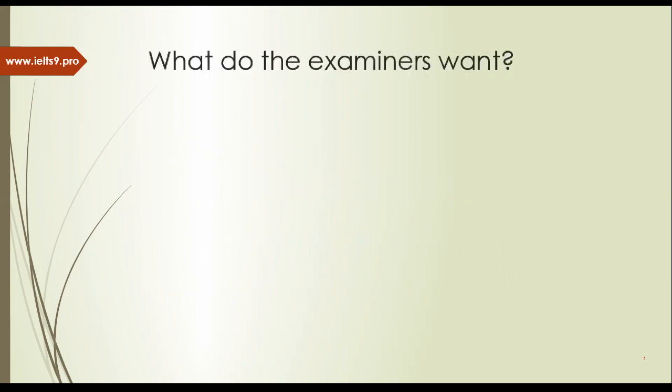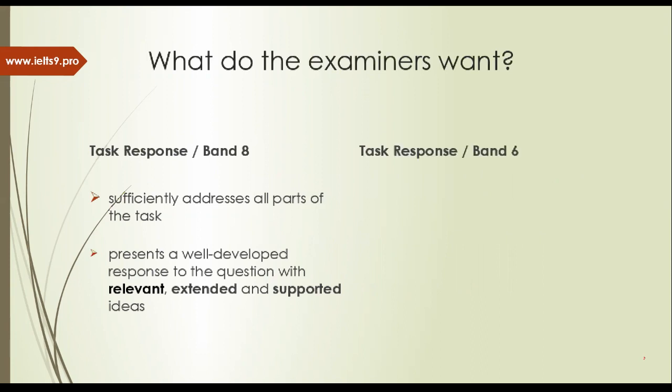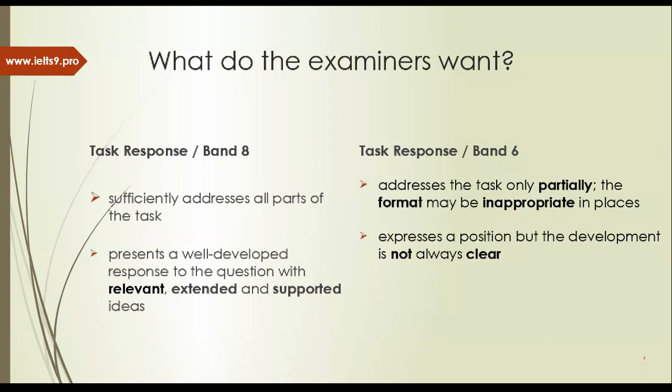So let's get on with first, what do the examiners want? Well, we'll compare the criteria for a band 6 and an 8. You have to address all parts of the task, in other words, all parts of the prompt. A well-developed response with relevant, as in not off topic, extended and supported ideas.